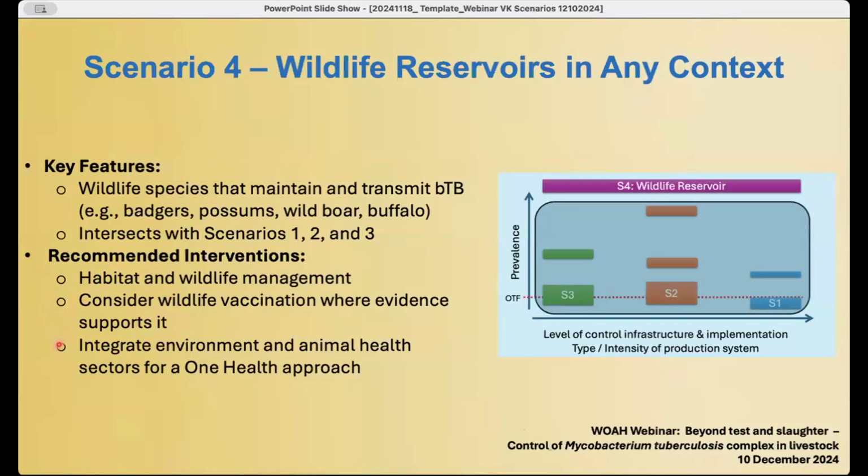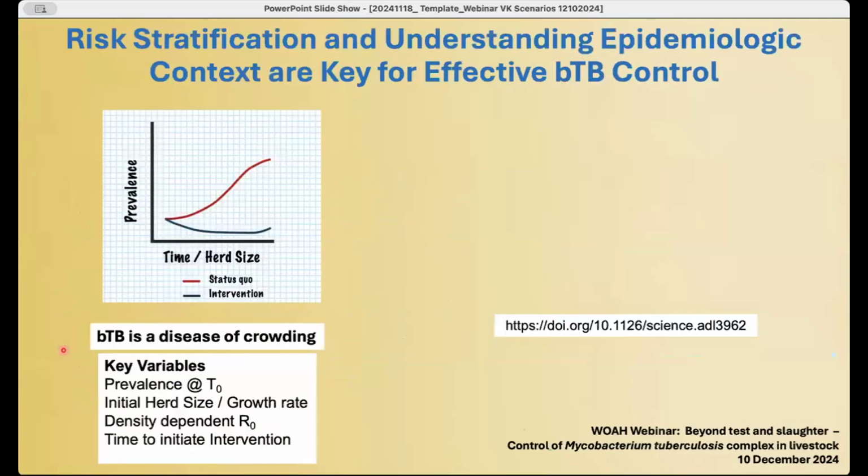And for countries such as New Zealand, which managed its possum problem, integrating both the environmental and animal health sectors, or wildlife and animal health sectors, is really important. A good example of that is, again, in the United States, in Michigan, for example.